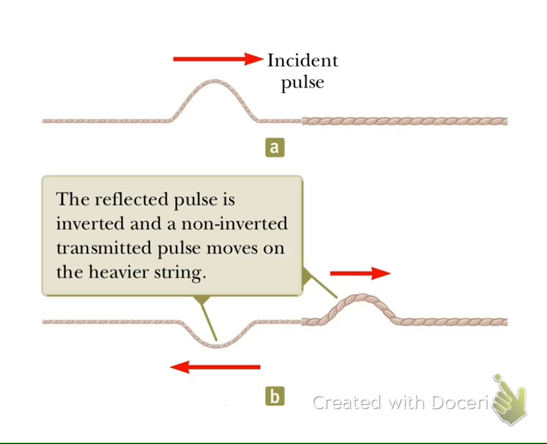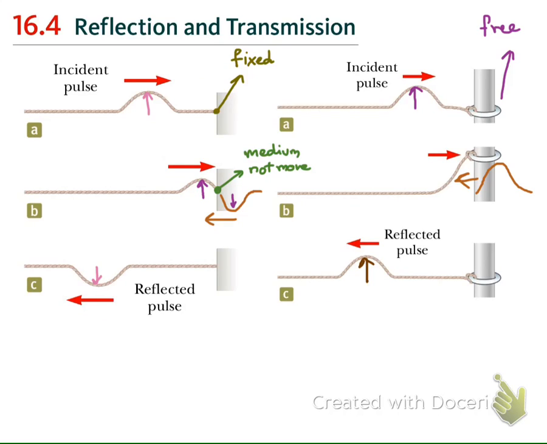In the case of the fixed boundary, we can imagine that the medium on the right is infinitely larger, I mean the linear density is infinitely larger than the string on the left. So the pulse cannot pass through that medium. Okay, if we look at this, the wall can be assumed like a string whose linear density is infinitely larger than the string on this side.